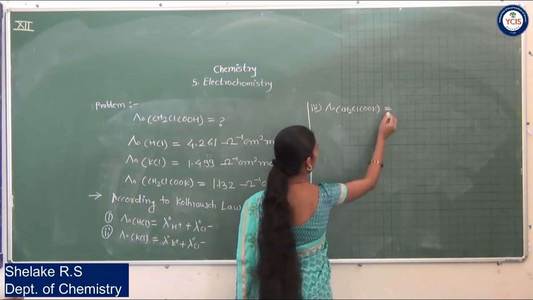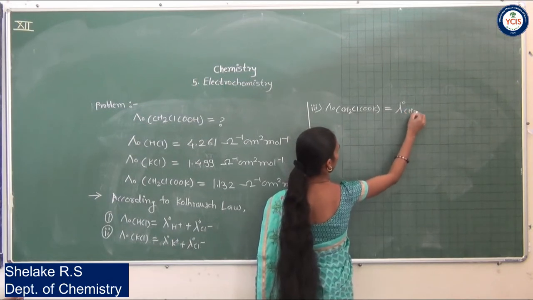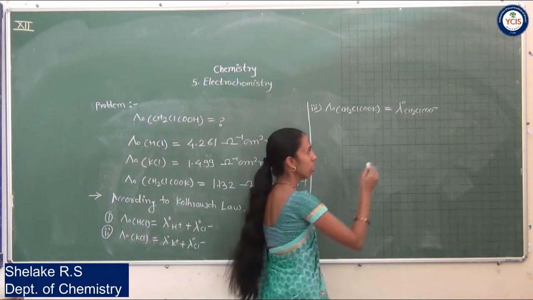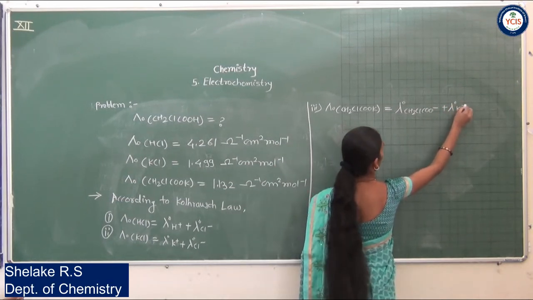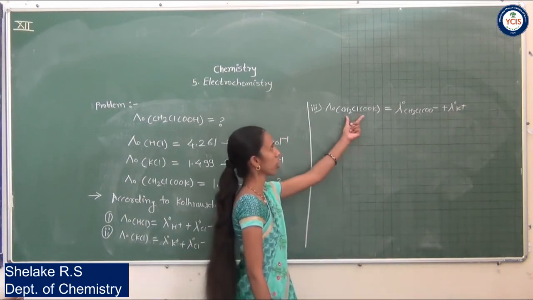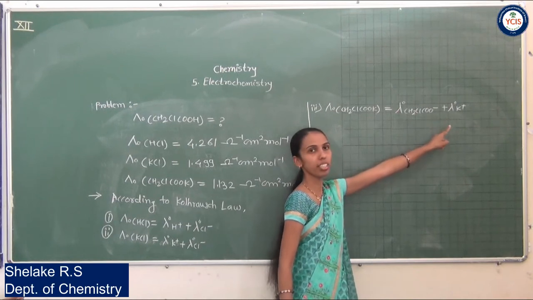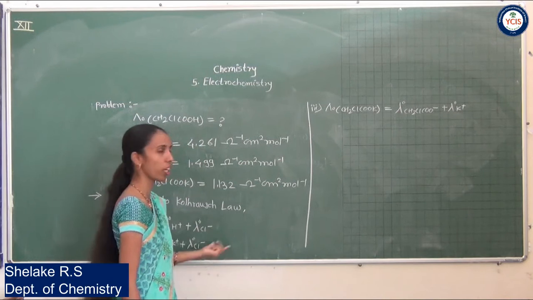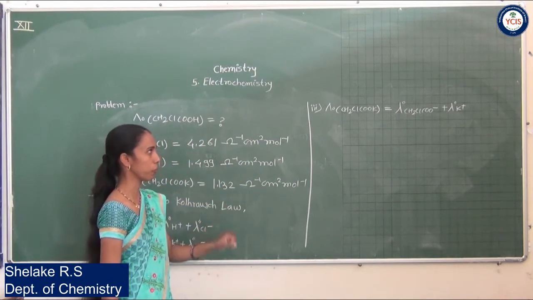How will it ionize? That will be lambda 0 of CH2Cl COO minus plus lambda 0 of K plus. The number of cations and anions in these three electrolytes is 1, so that is why I have written directly.